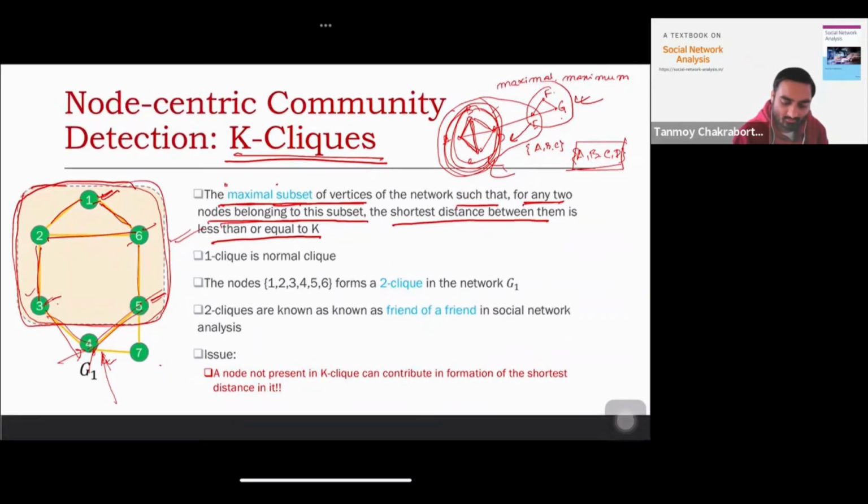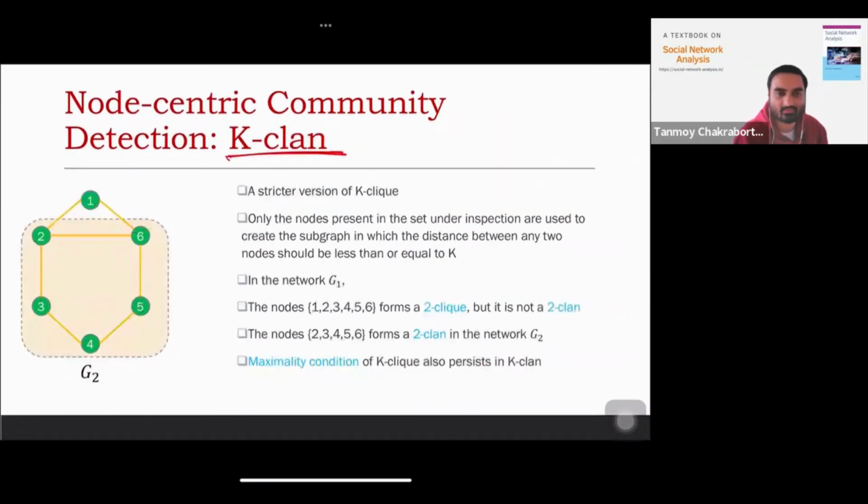So to overcome this problem, the definition of K-clan was proposed. So what is K-clan? K-clan is a stricter version of K-click, right? All the restrictions which are there in K-click, like the maximality and shortest path distance being less than or equal to K, are also here.